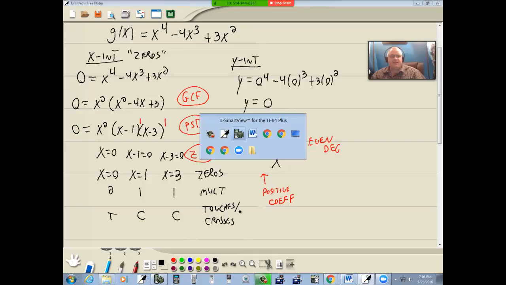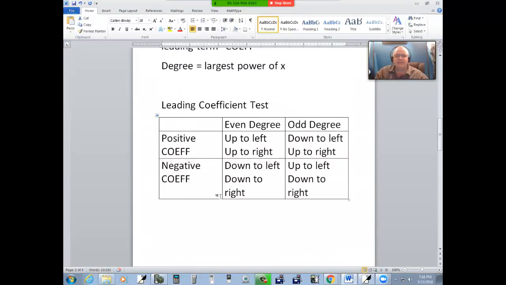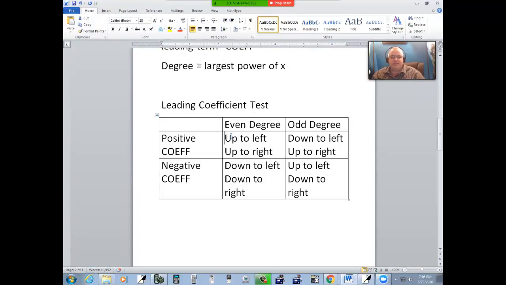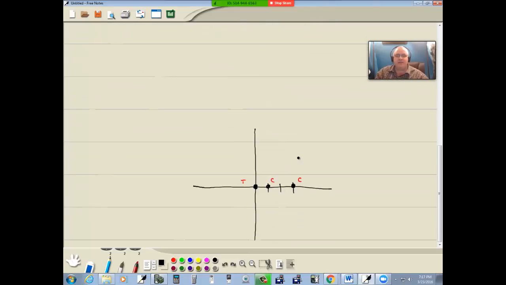Let's see what in the world that says. Positive coefficient, even degree, that says up to the left, up to the right. And I'll use a little notation they have. So up to the left, up to the right. Well, if I come down here, it's up to the left. So as it goes clear to the left, it's going to go up. As it goes clear to the right, it'll go up.